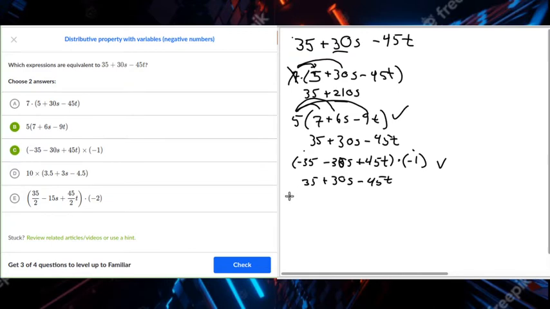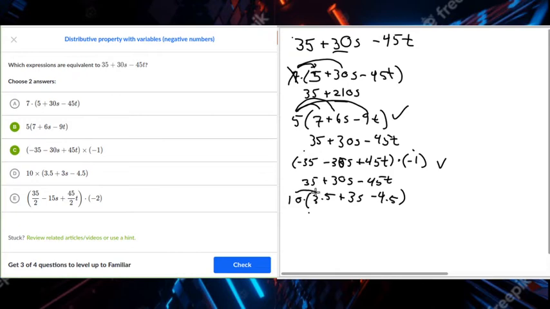Our next one is 10 times 3.5 plus 3s minus 4.5. I'm going to try not to go too fast here.